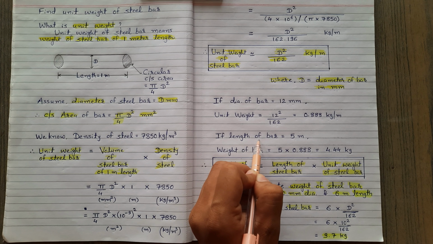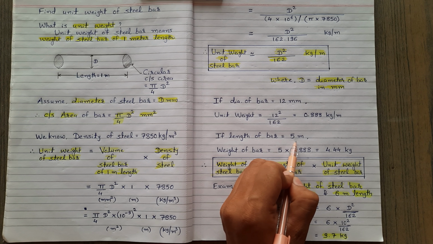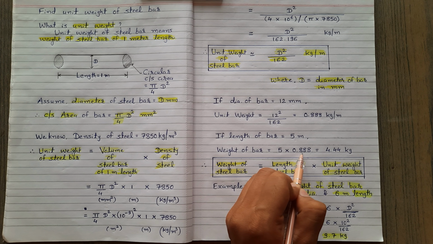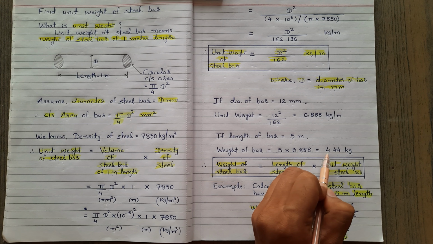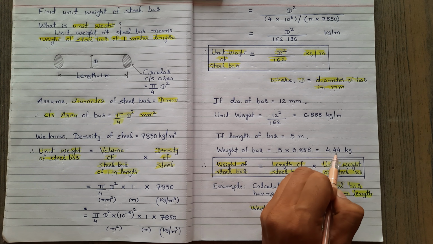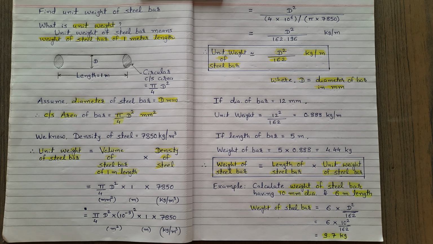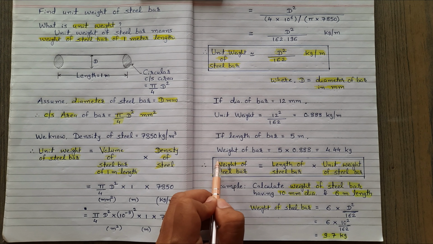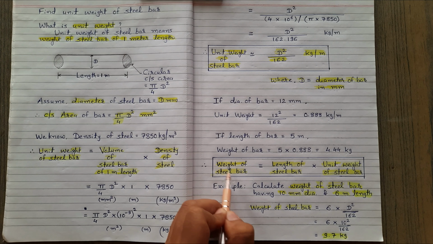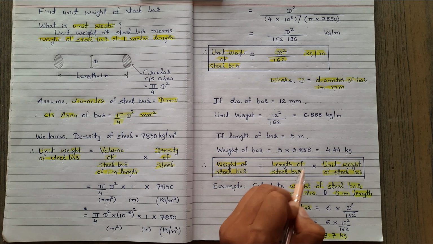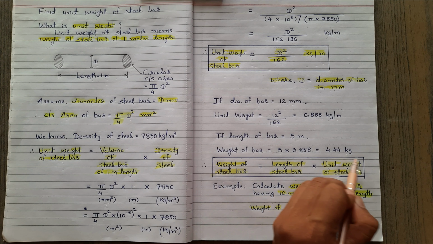If length of bar is given 5 meter, then multiply length and unit weight. You will get 4.44 kilogram. So weight of steel bar is equal to length of steel bar and unit weight of steel bar.